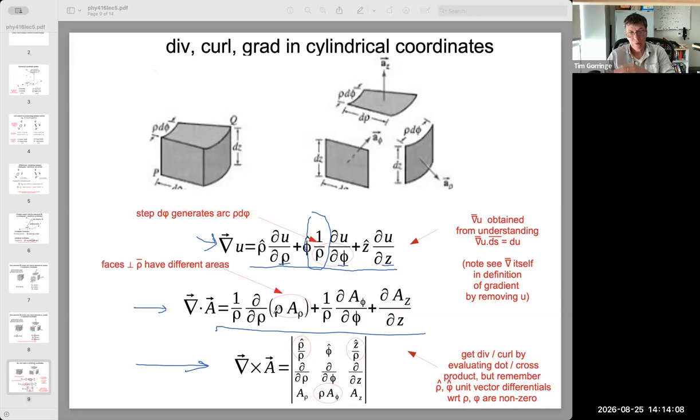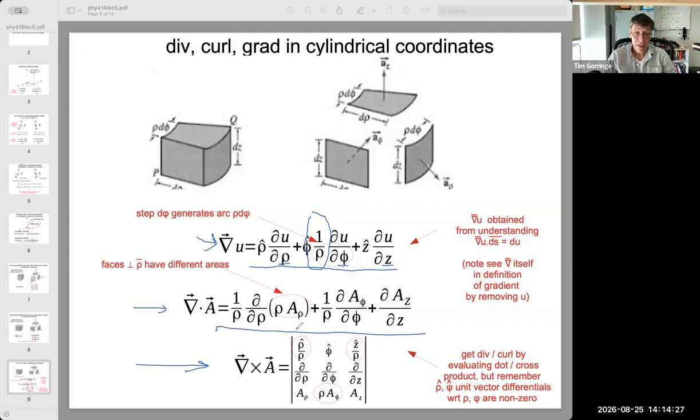So, for example, there was a dAx by dx. There was a dAy by dy. There was a dAz by dz. It was the sum of those that was the divergence. It's more complicated here.